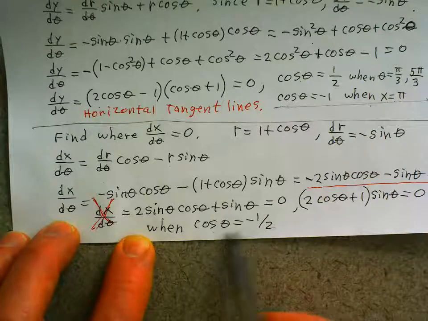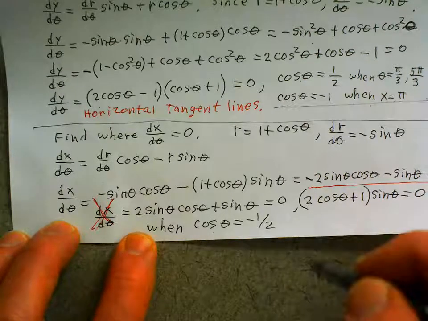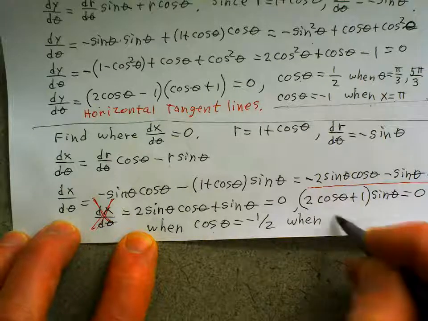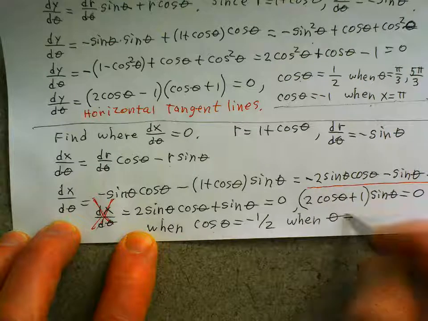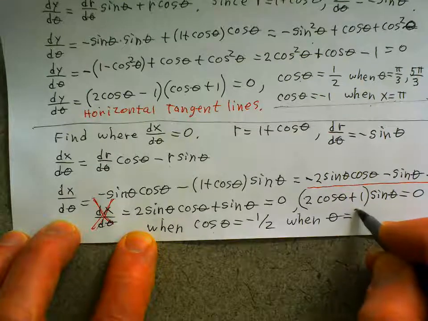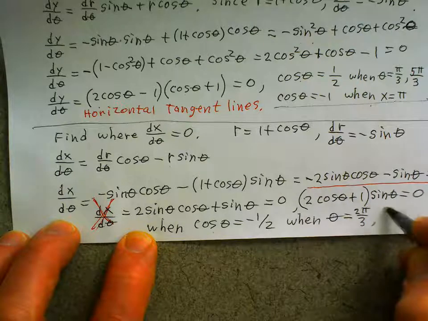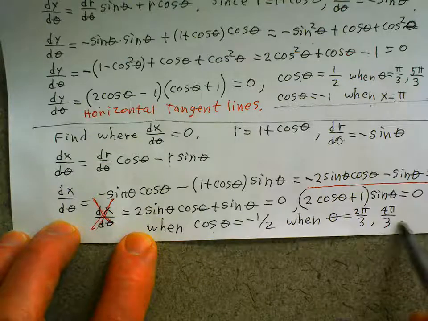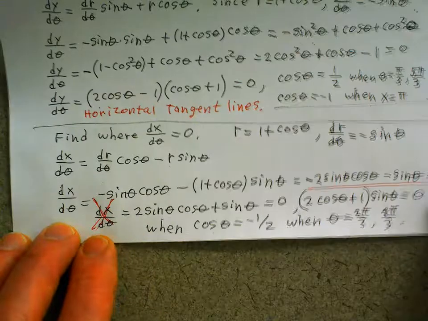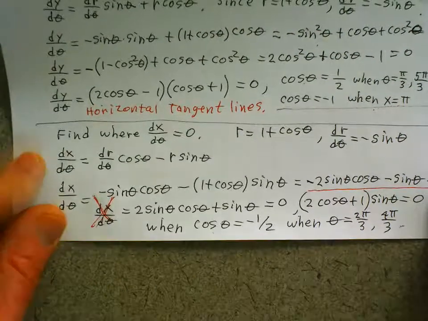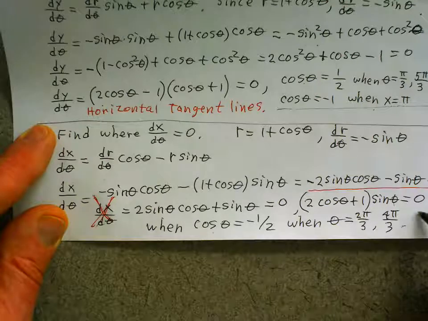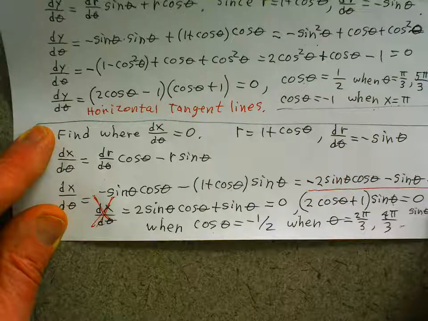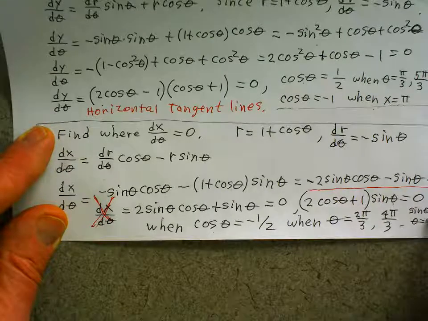Cosine of theta equals -1/2 in the second and third quadrants, so when theta is 2 pi over 3 and 4 pi over 3. Sine of theta is 0 when theta is 0, pi, or 2 pi.